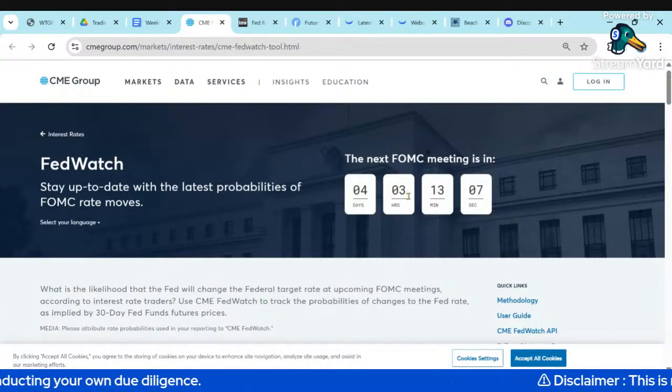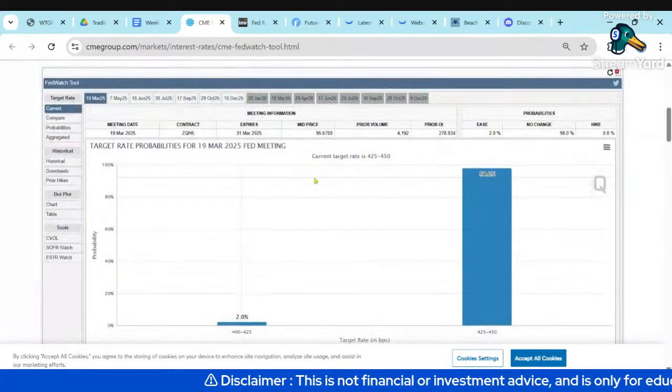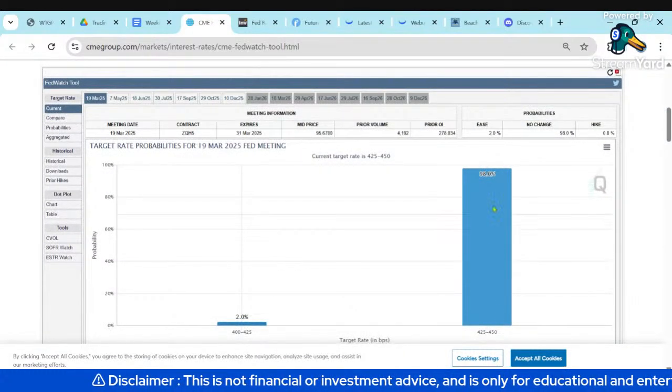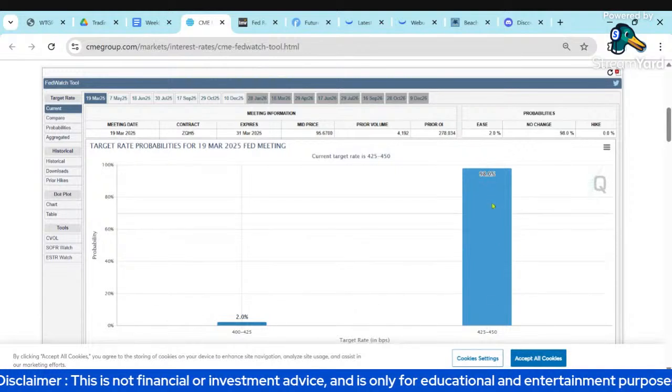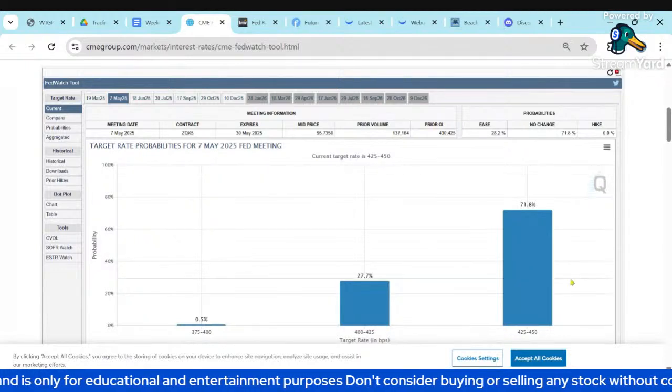Again, we've got our countdown clock to the next FOMC meeting. Got our probability for March of 2025, again, 98% no change. And we can quite easily jump forward.